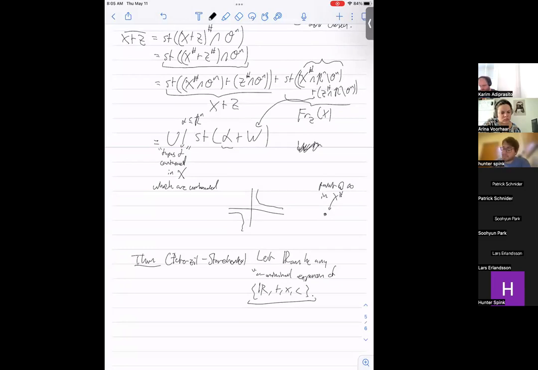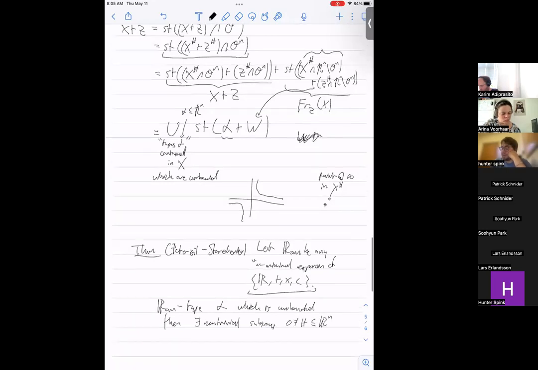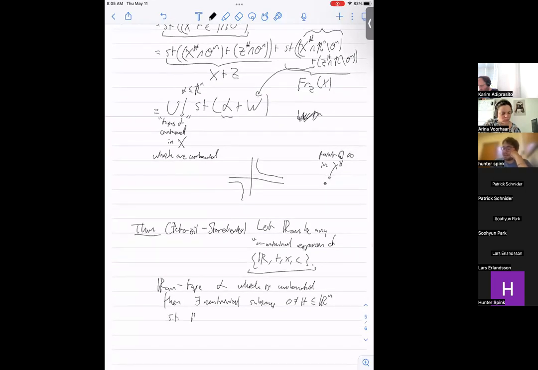Okay, so what is this theorem? The theorem says if I take a type alpha, which is unbounded, then there exists a non-trivial subgroup of R to the n, such that if I pointwise add the subgroup, considered as constant sequences, to all the sequences in the type, then you end up not getting too far away from the type.